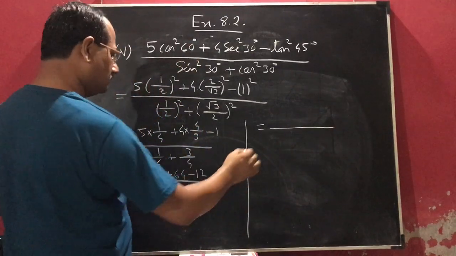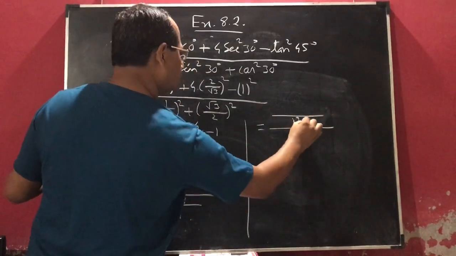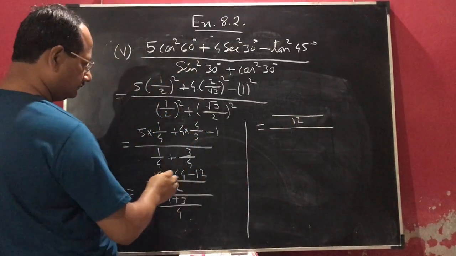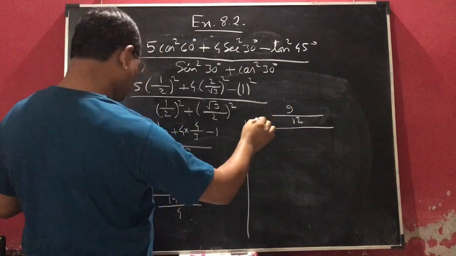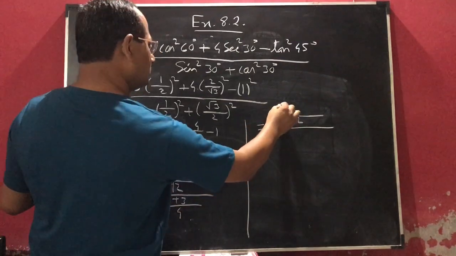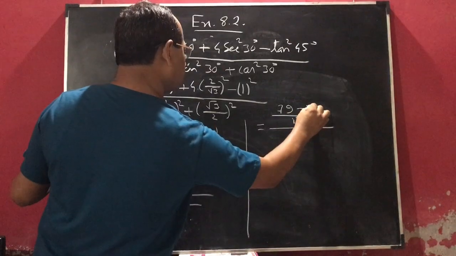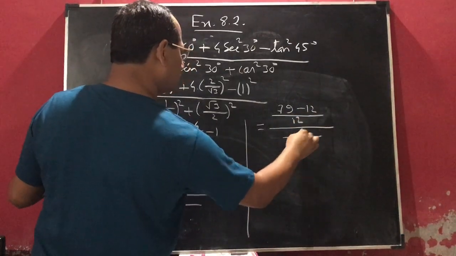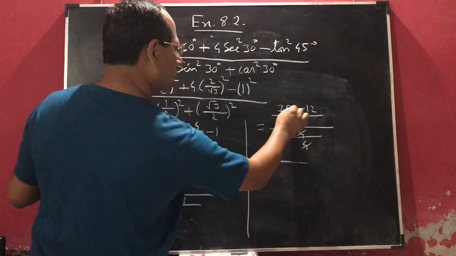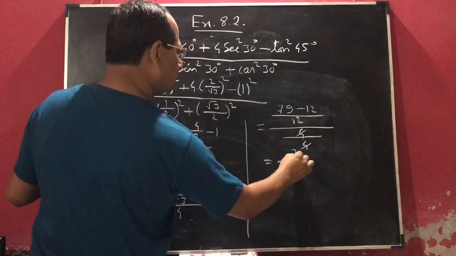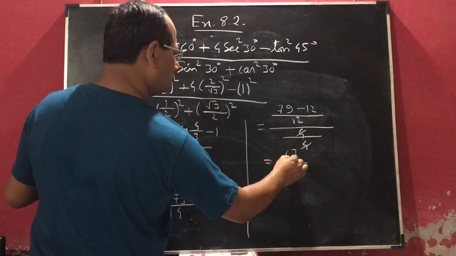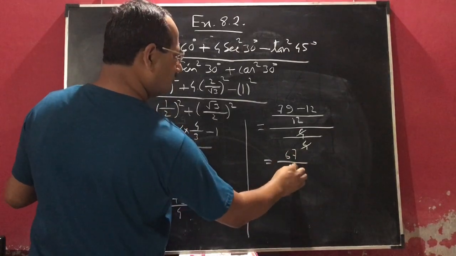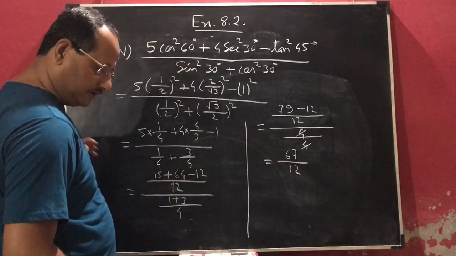This is 12, 79 minus 12, 4 by 4 cancel, that is 67 by 12.